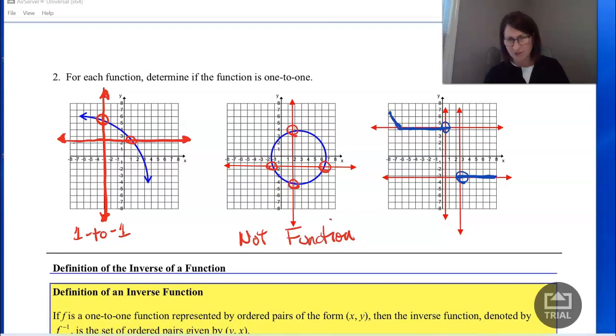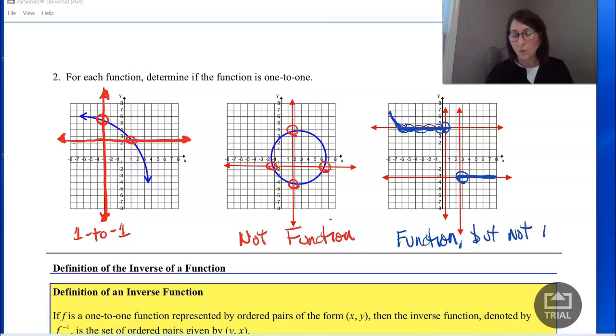So it is a function. But when I draw my horizontal lines, they intersect an infinite amount of times. So it's a function, but it's not one-to-one. So the inverse is not a function.